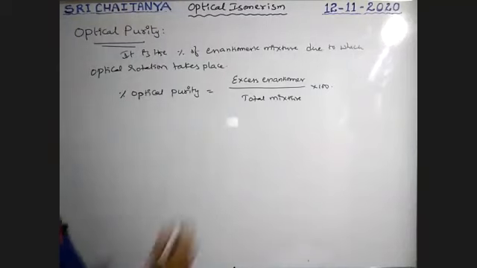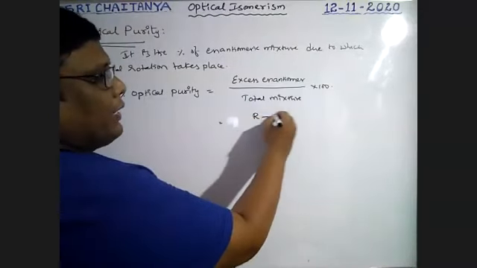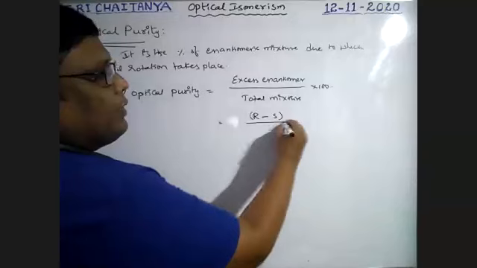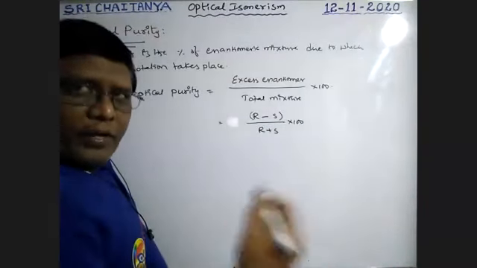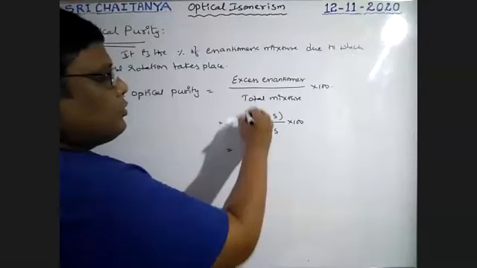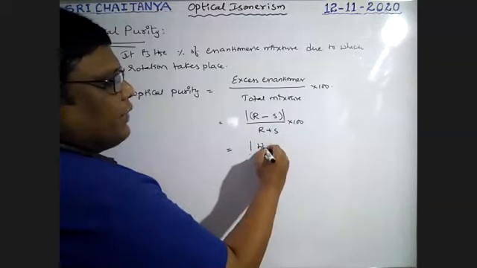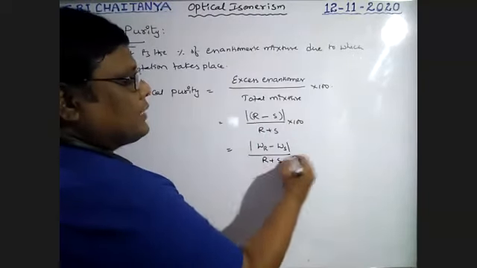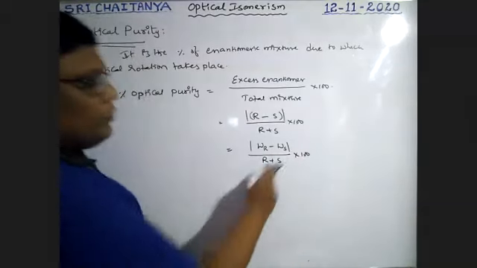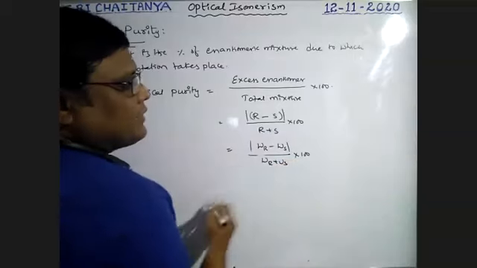For example, if R is more than S, then R minus S gives the excess percentage, divided by R plus S, into 100. In case weights are given to you, take the modulus, boys. Next, in case of weights, weight of R minus weight of S by weight of R plus weight of S into 100.